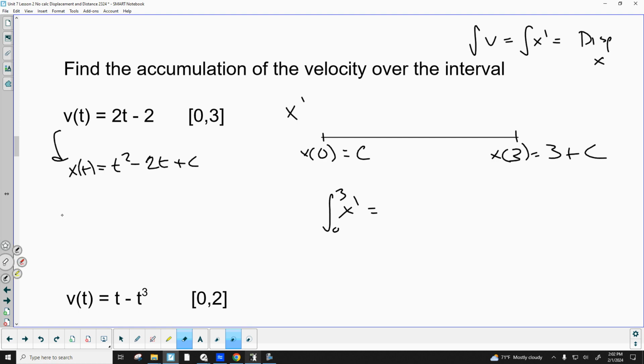Tell your neighbors what the answer is so I know. Good. All right, good. 3. Now, what did you do? You either said c plus 3 is 3 plus c, or you said, oh, I found my ending position and I subtracted my initial position. Now, what does that 3 mean? Tell your neighbors what that 3 means. What's that 3 mean?